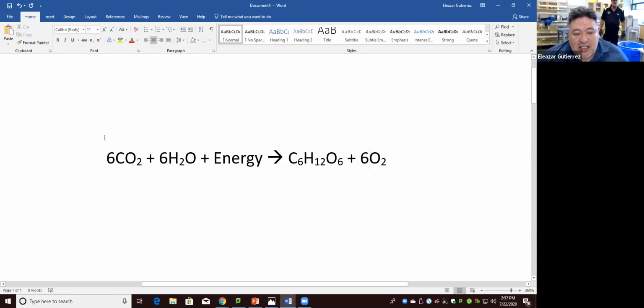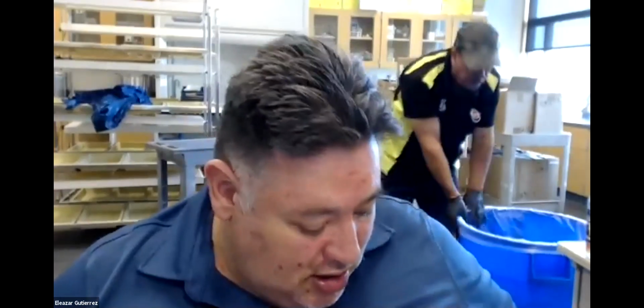And what this is telling us is that if we put something over here, it's going to make this equation move to the right. So the higher the concentration of carbon dioxide that you have, the higher the concentration of oxygen that you can end up with. Okay. So again, that's supposed to be part of your hypothesis. So that's the main part of this.